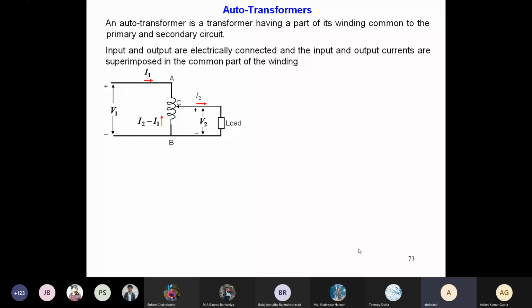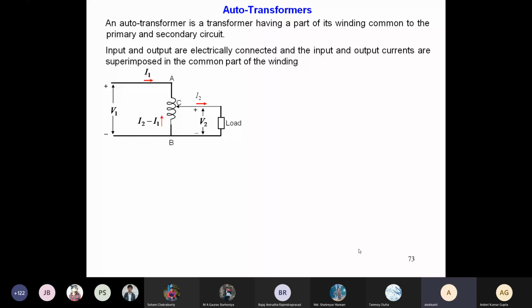AB is the full coil, the one single winding. And from the point C, your BC basically acts as the secondary coil. So for certain point C, there is a tapping. And this BC is used as the secondary, and from there the voltage V2, the secondary voltage, is generated, which is going to the load. So you see your input voltage is V1 and the output or the load voltage is V2.